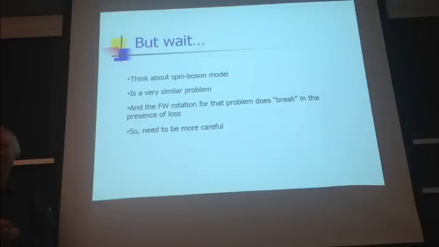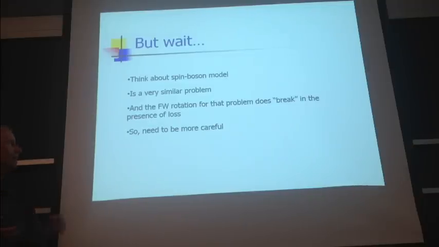But the question is, is there a place where Foldy-Wouthuysen doesn't work? Turns out, here's some fine print. Let me go back to the spin boson model. The spin boson model is actually very similar. In the spin boson model, if there's no loss, I can use Foldy-Wouthuysen, and I can describe multi-quantum transitions, and I can eliminate the first order coupling.